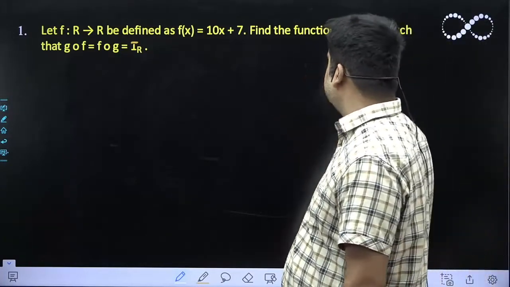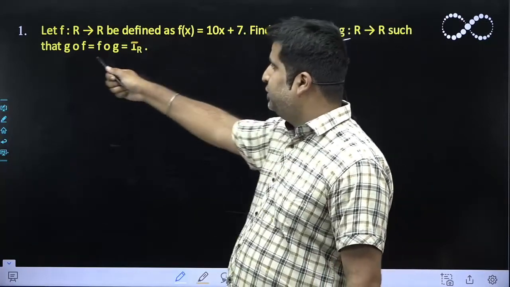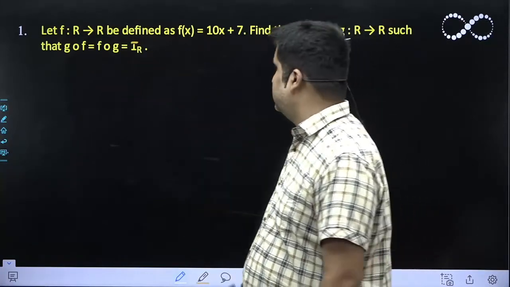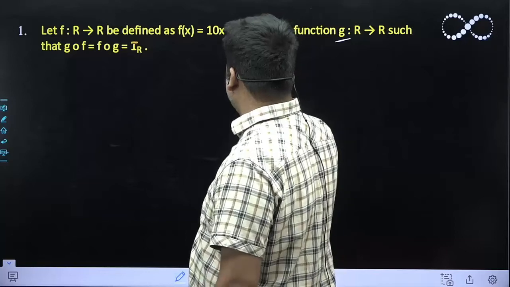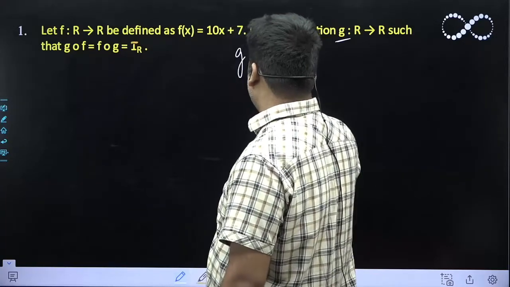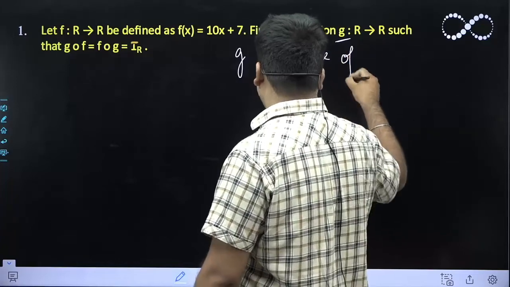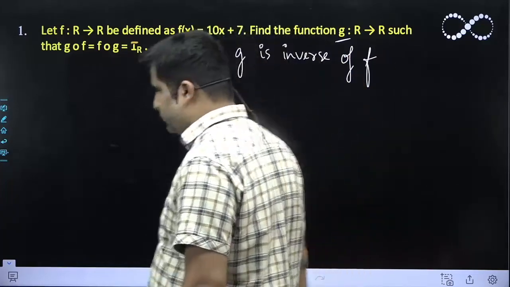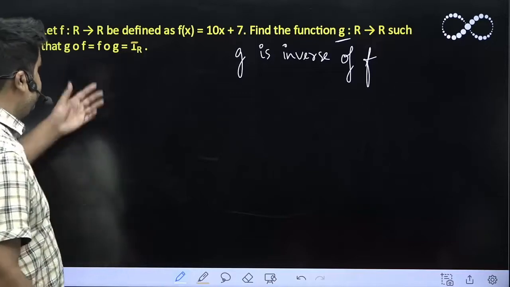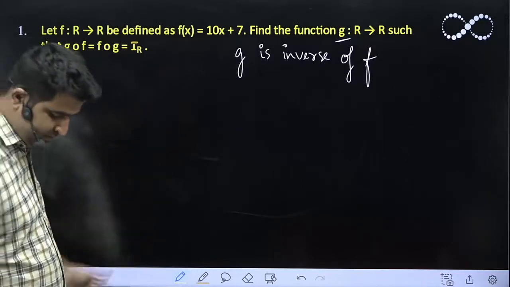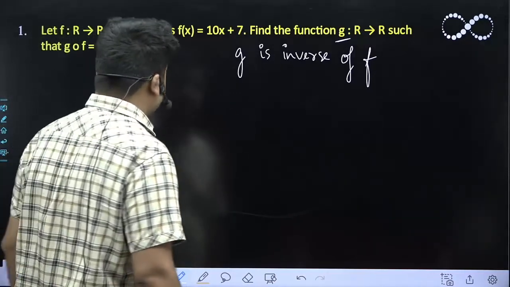We have to find such a function g such that g of f is equal to the identity function. So g is actually the inverse of f. This is what the statement tells us.